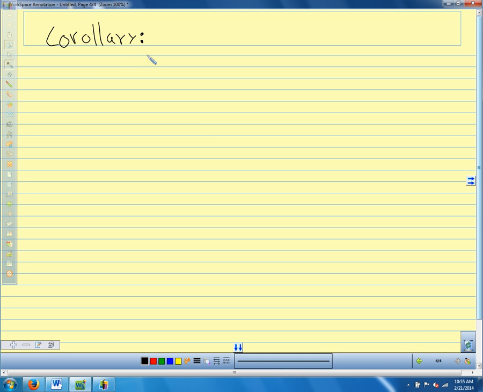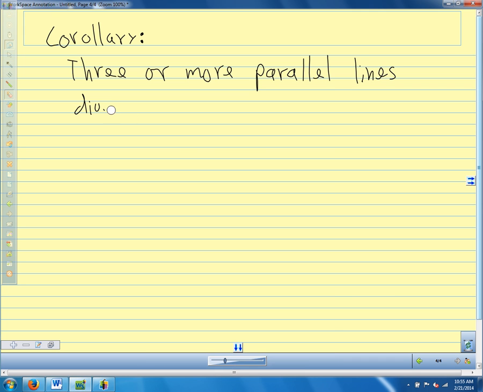Our corollary says 3 or more parallel lines divide two intersecting transversals proportionally.